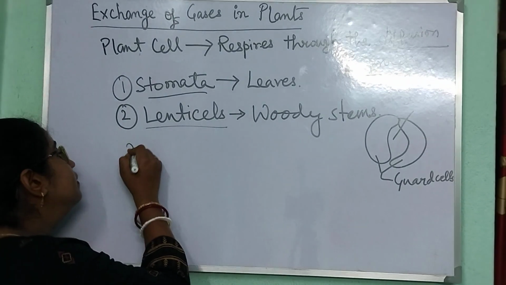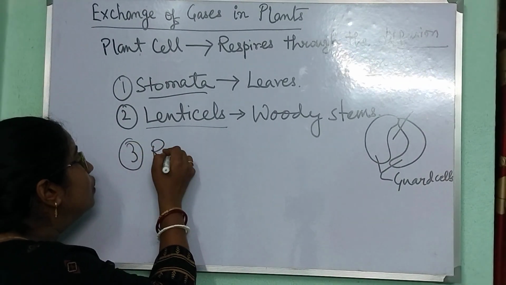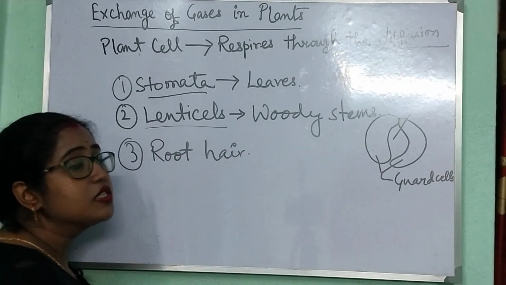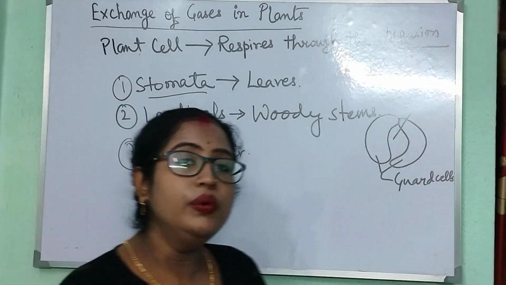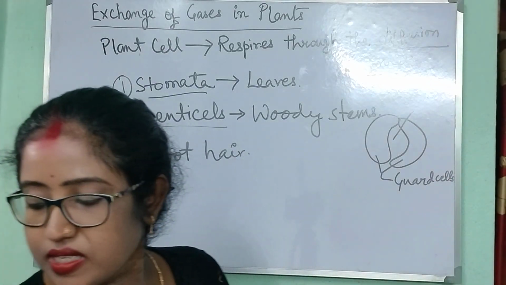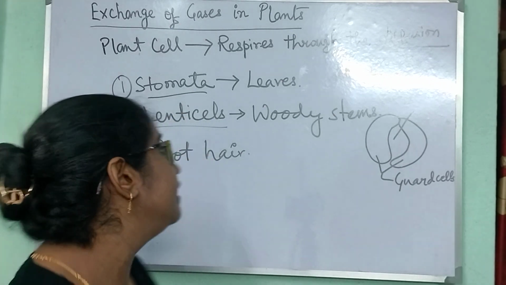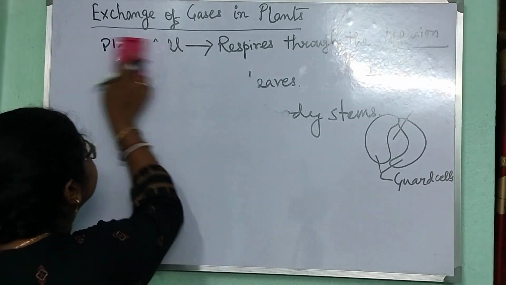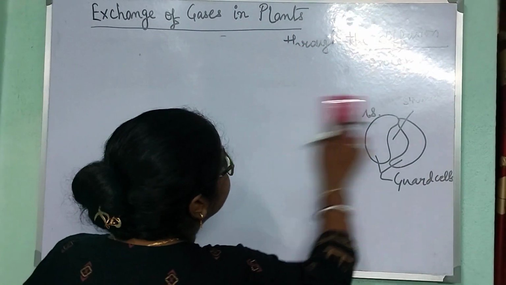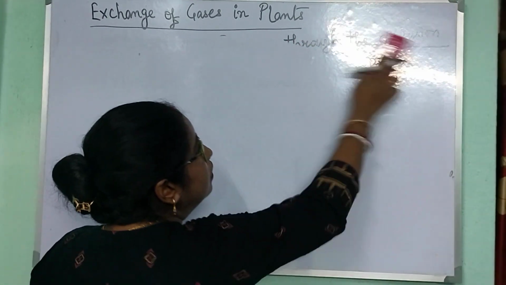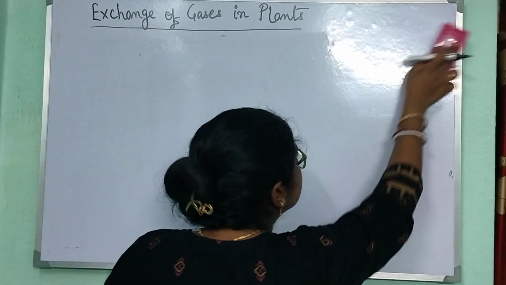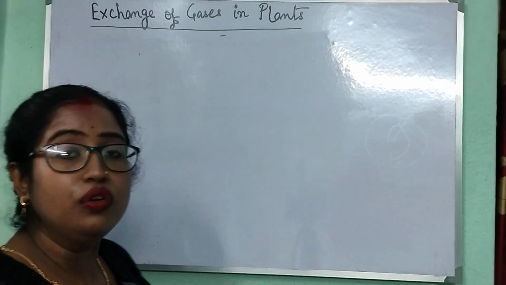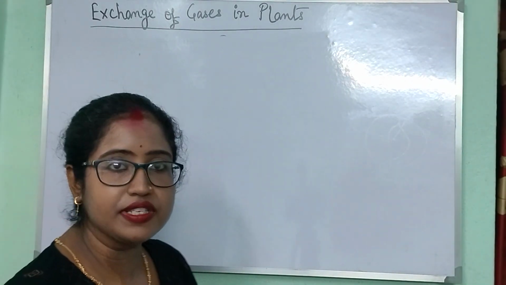The third one is root hair. Plant also respire through the root hair. So let us discuss one by one in detail. First, I talk about the root hair. Plant cells have an epidermal cell layer all over its outer surface.